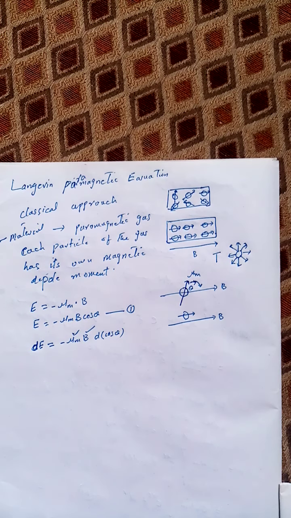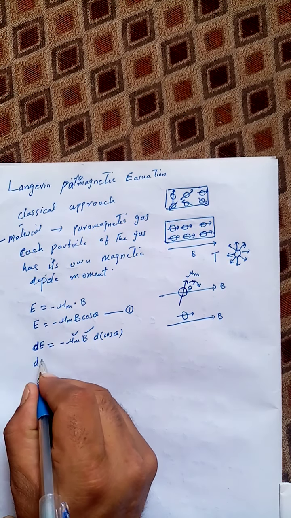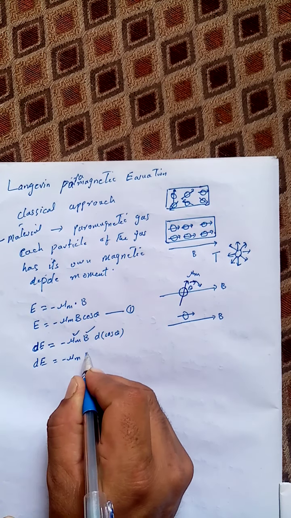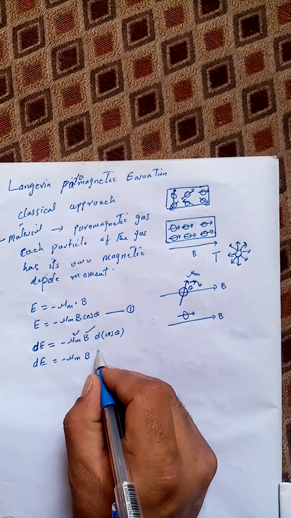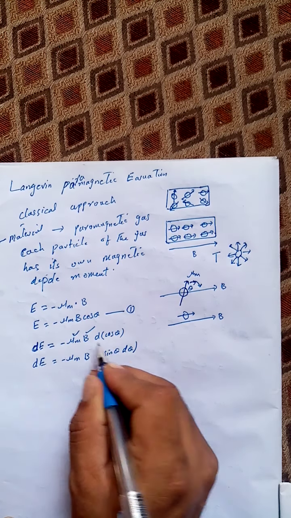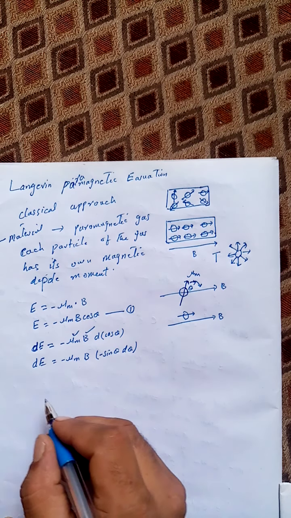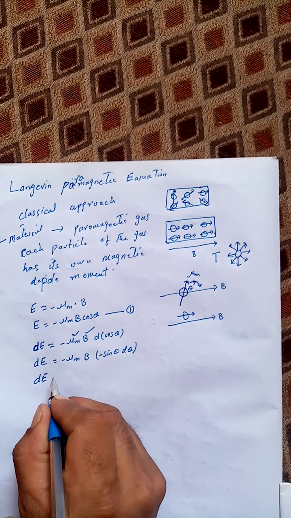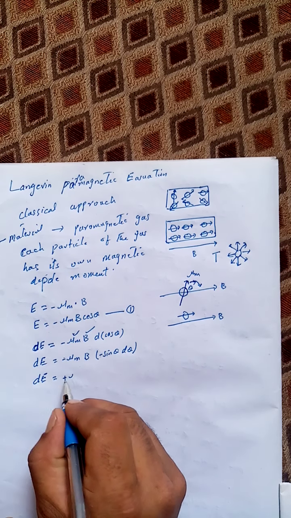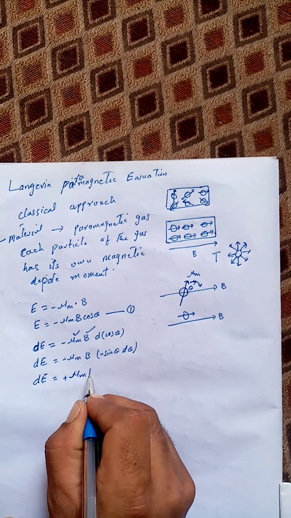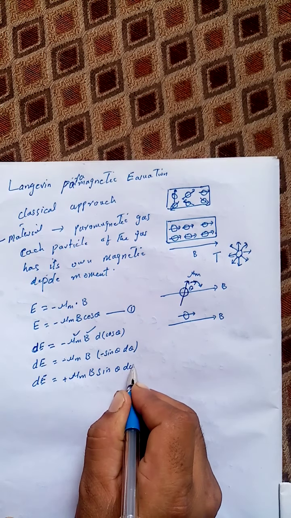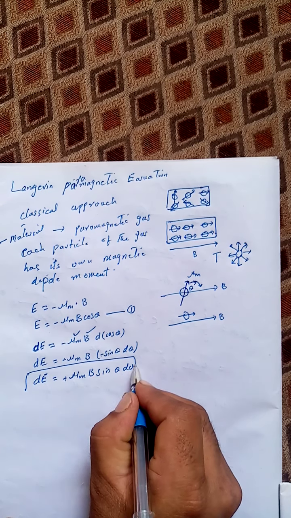So theta is the only variable quantity here. This implies that dE is equal to minus mu m B into minus sine theta d theta. There is a minus and minus, so we get plus mu m B sine theta d theta. We call it equation number 2.